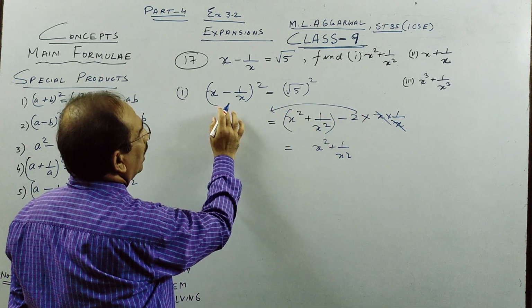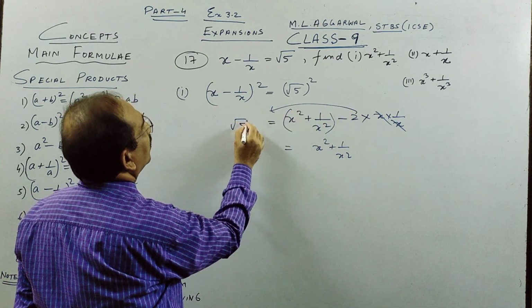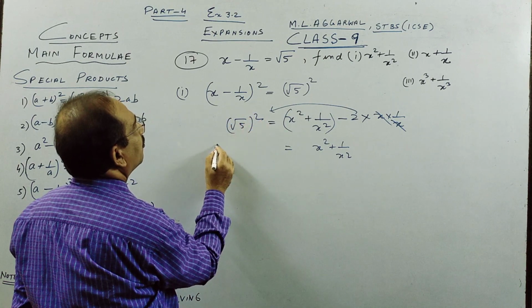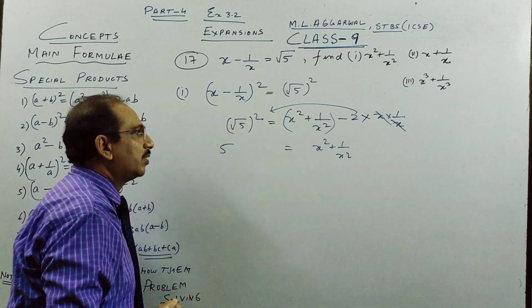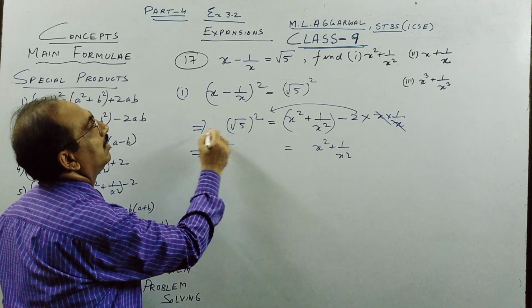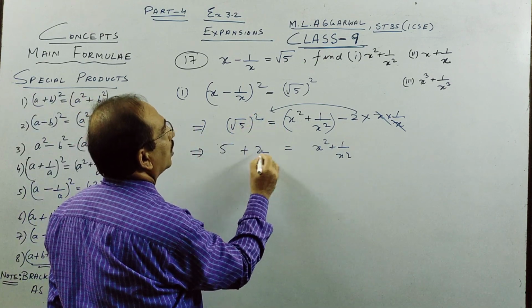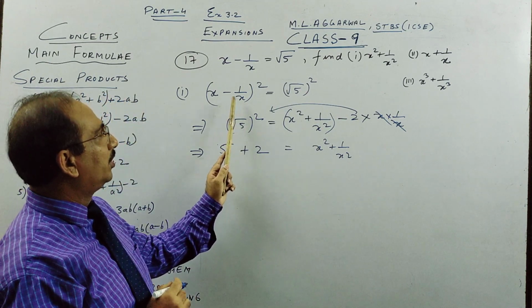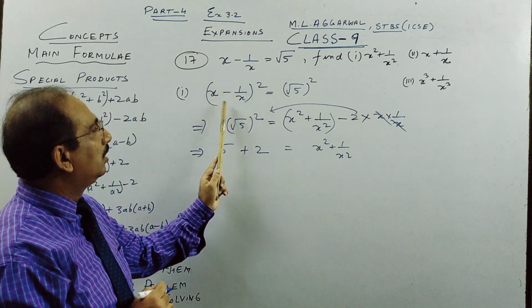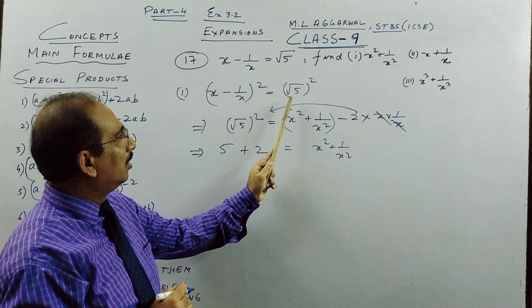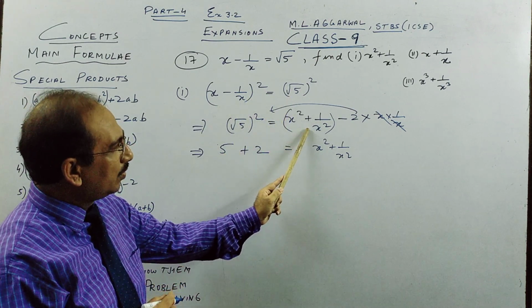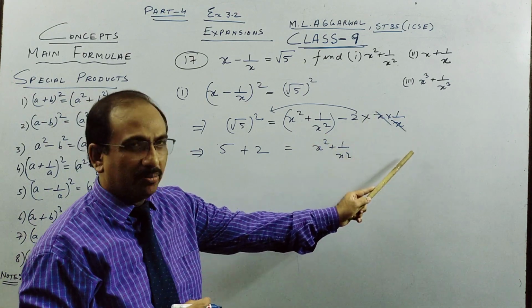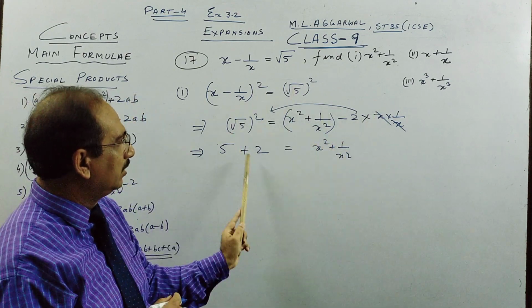So here we have root 5 square, so here we get 5, and from that side root 5 square is 5, and minus 2 becomes plus. So once more we use this basic formula, a minus b whole square, which is root 5 square. So we expand here, a square plus b square minus 2ab, ab cancels, and we bring this because we have to get this.